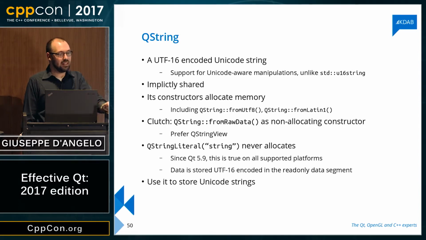And if you need a way to build a QString without allocating, now there is QStringLiteral. QStringLiteral will decode the data you pass in there from UTF-8 to UTF-16, and build an entire string which is then going to be stored typically in the read-only data segment of your executable. So QString is the class that you are supposed to use to store Unicode strings, and in particular all strings that the user is going to see on the screen or interact with. Never use QByteArray for that.